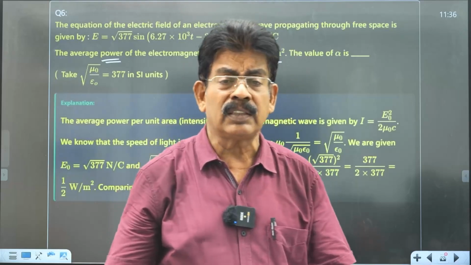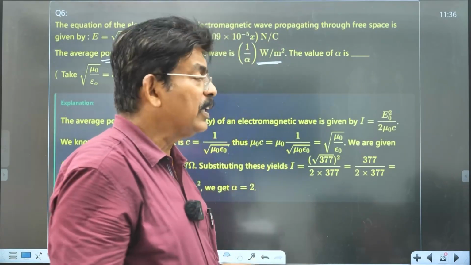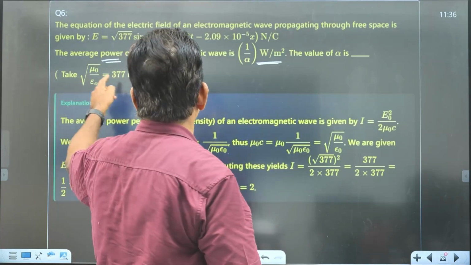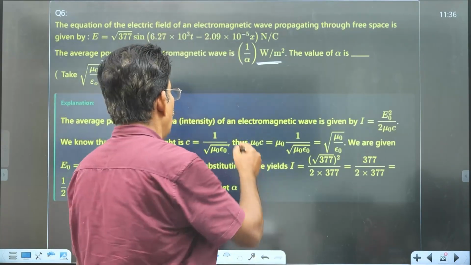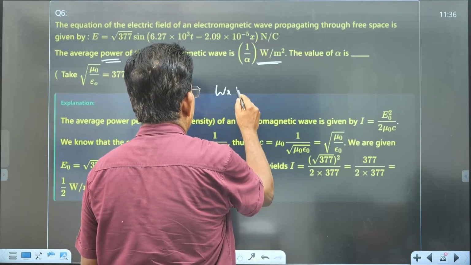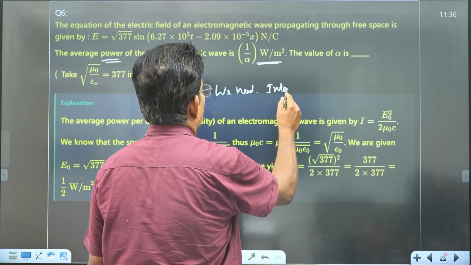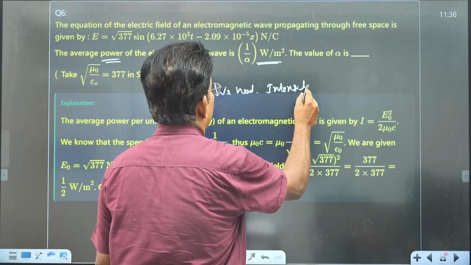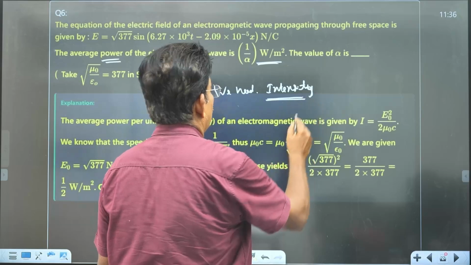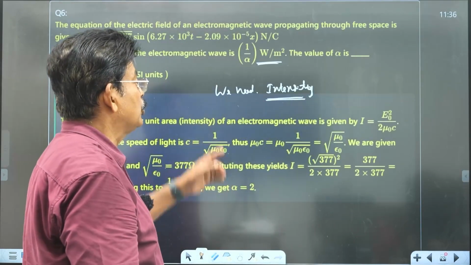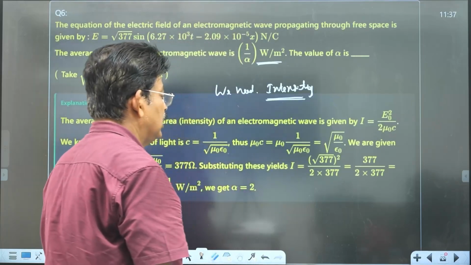Even though they have asked about power, the unit says we have to calculate intensity, not power. We want to calculate the intensity because the unit is like that. And we have a ready-made formula for intensity.